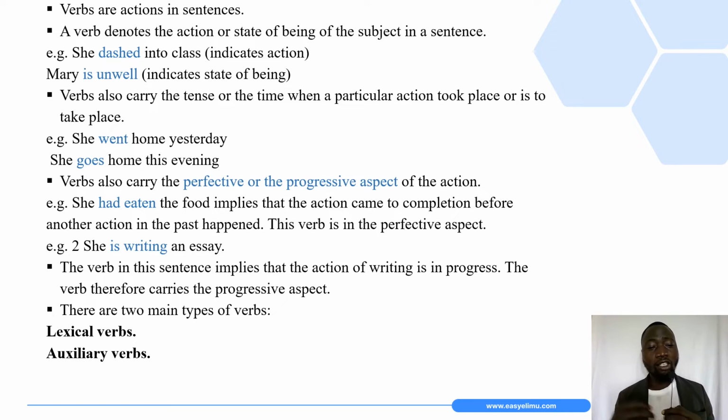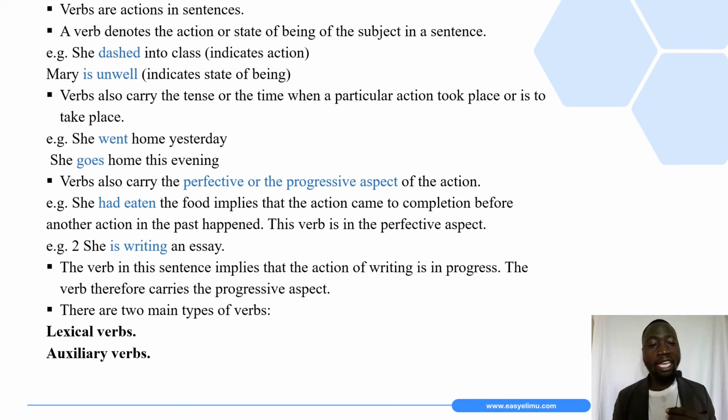So consider the example below. She had eaten the food. So had eaten implies that the action came in completion before probably another action in the past happened. So this verb is said to be in the perfective aspect.